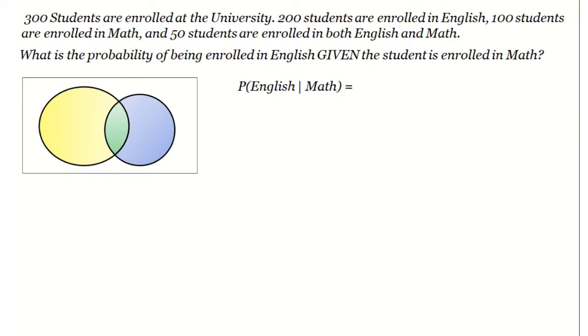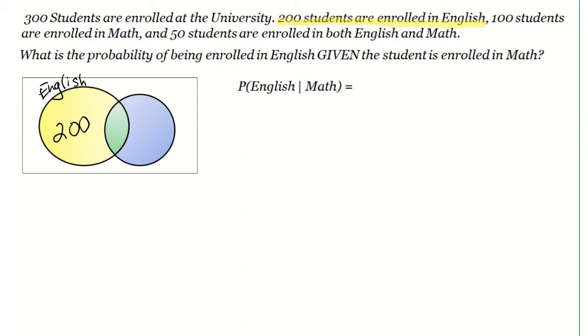We can use a Venn diagram to help us solve this problem. So let's first fill in the circles of our Venn diagram. We have 200 students enrolled in English. So let's put our 200 English students and label this yellow circle English.